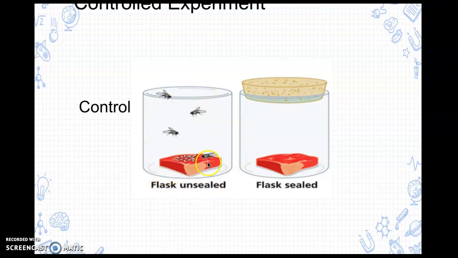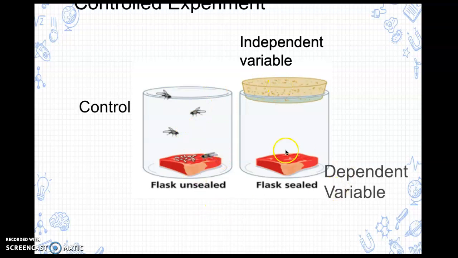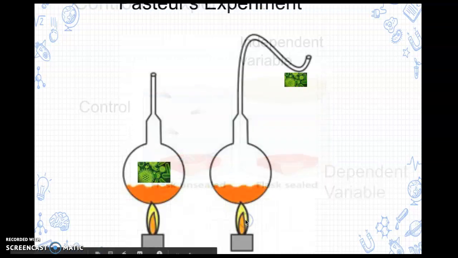We know that if I leave meat out on the counter, it's going to get flies, it's going to get maggots. But the thing he's testing is if I cover it with this lid. The independent variable is the lid. The dependent variable is the response. Are there flies or are there no flies?